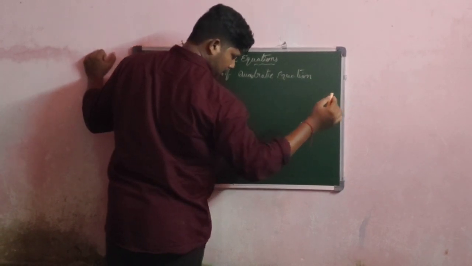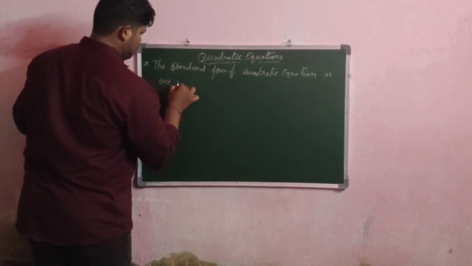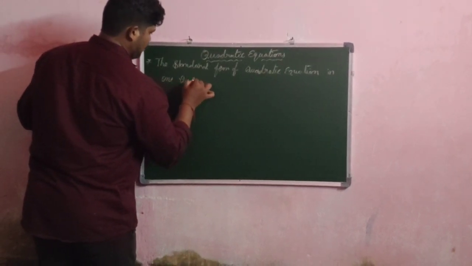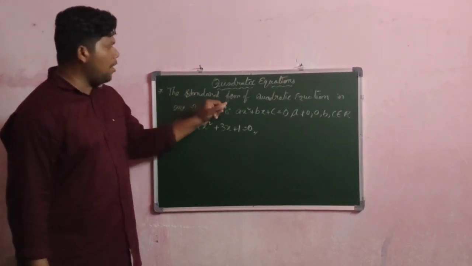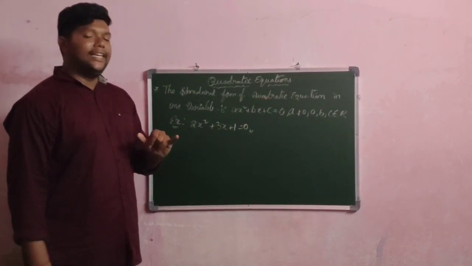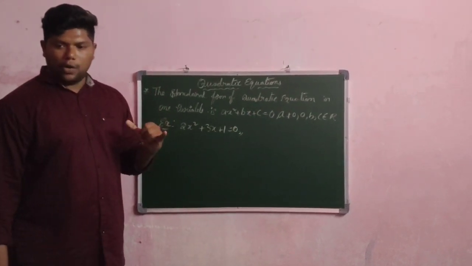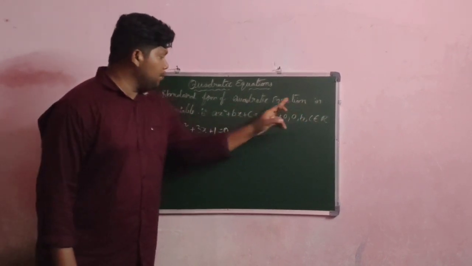Equation, one variable, yes, then one variable. So what is a quadratic equation? The standard form of a quadratic equation. Quadratic means the degree is 2; an equation of degree 2 is called a quadratic equation. The degree is 2, in one variable, right?